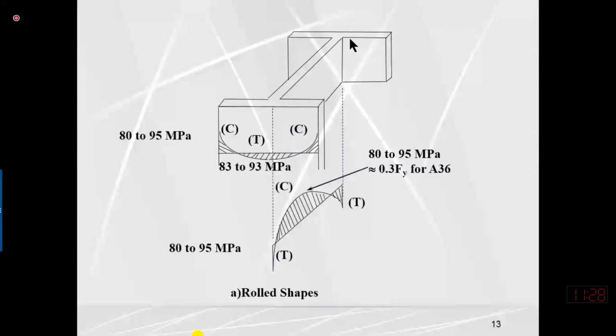The flange tips and the center area of the web will cool first because they have more surface exposed to the environment. This junction will cool at a later stage, or slowly, because here the material is surrounded by the web plate and flange plate.